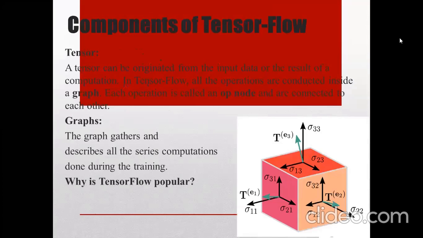The graph is a set of calculations that take place successively. Each transaction is called an op node. This is very important. Each transaction in TensorFlow is called an op node, that is, an operation node. You can see the diagram for the graphical representation. It has tensors, it has dimensions, it has op nodes.